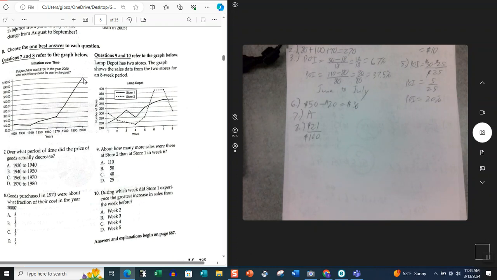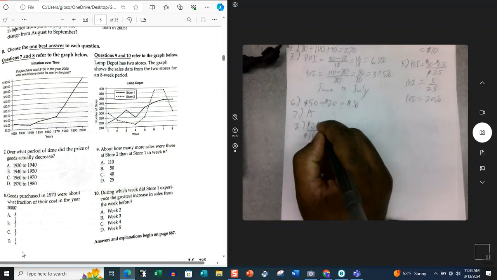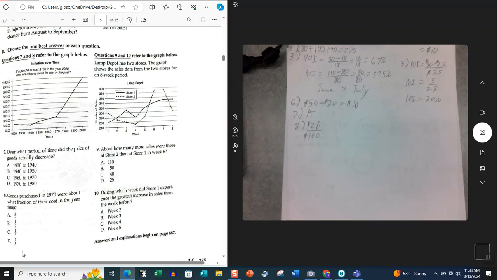So what we could do is this here, 21 over 100. You notice 21 and 100 has nothing in common. So since these fractions were simplified out, we could make this 20 over 100.